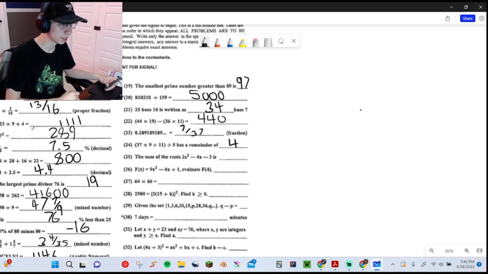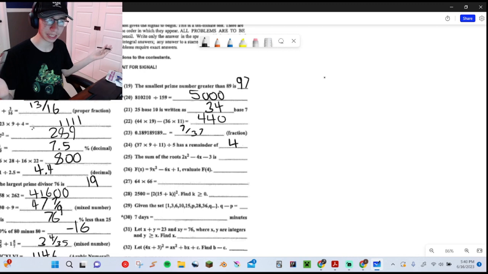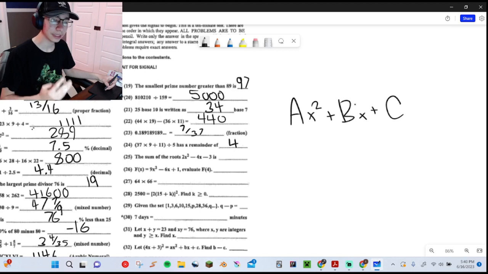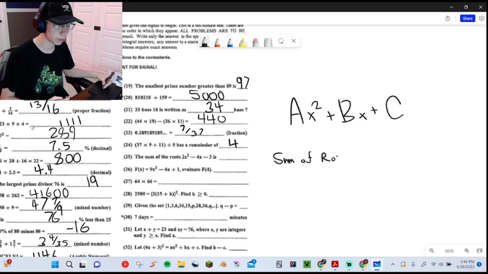Okay, 25. Sum of the roots. You probably learned this in Algebra 1. There's a few shortcuts to get the sum and product of the roots without having to do the quadratic formula or factoring or something nasty. So, in any quadratic, ax squared plus bx plus c, the sum of the roots is equal to negative b over a.